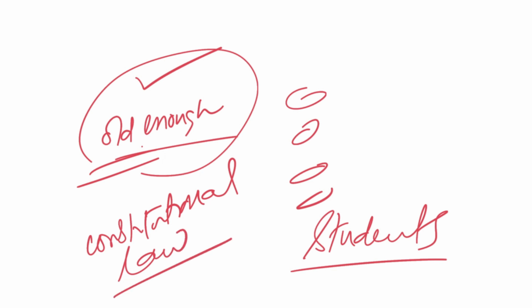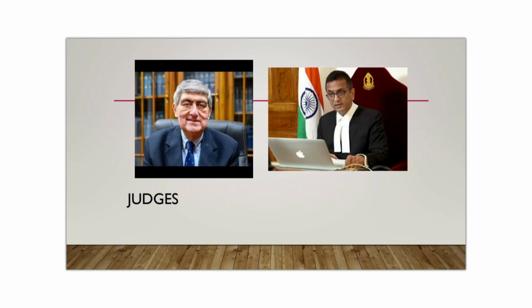So, I am a teacher of constitutional law where the judges, or they were not judges at that time, were students in my classroom. Like this, because they were students, like this. And then I am teaching. I have a blackboard like this.